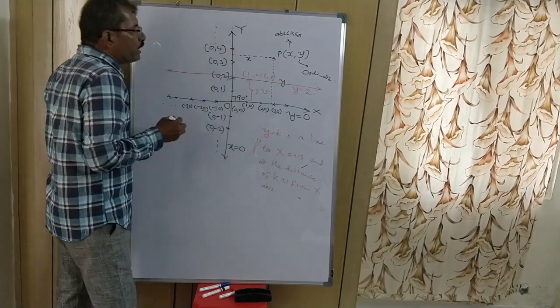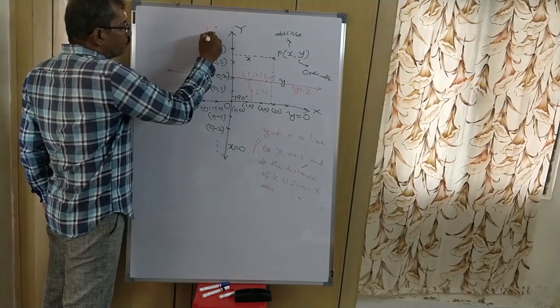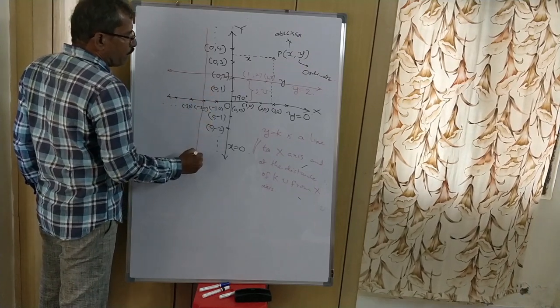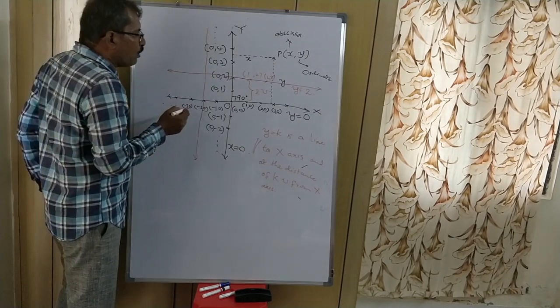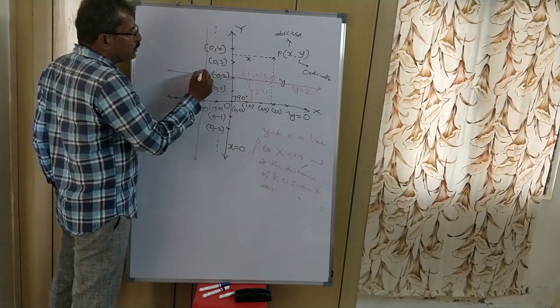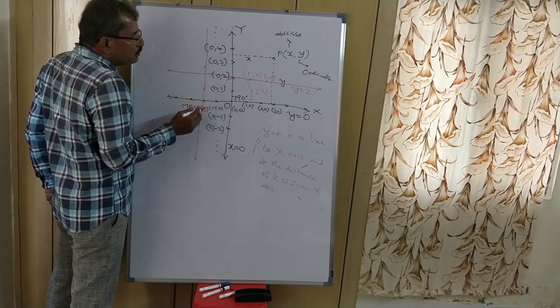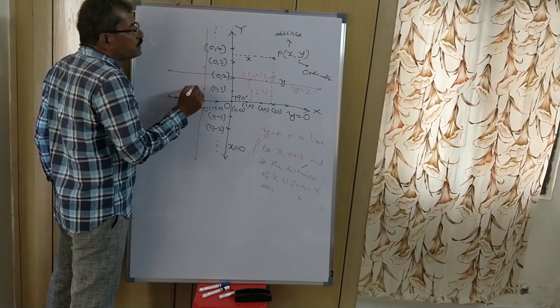Similarly, suppose I draw a line passing through minus 2 and parallel to the y-axis. On every point on this line, the abscissa doesn't change.